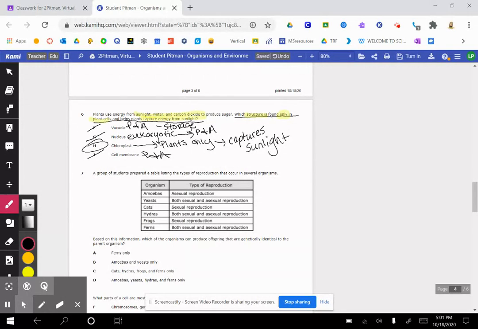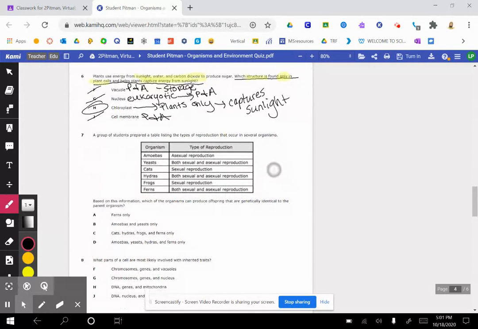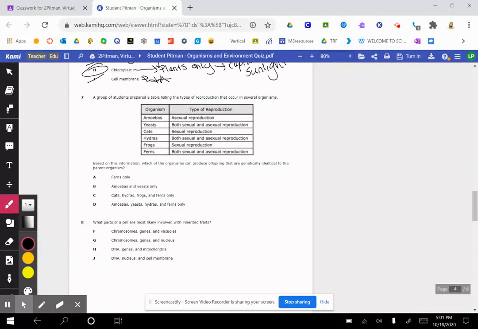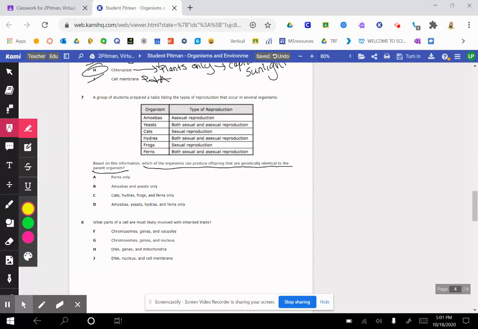Okay, number 7. A group of students prepared a table listing the types of reproduction that occur in several organisms. Based on this information, which of the organisms can produce offspring that are genetically identical to the parent organism? So our big key words here are genetically identical.